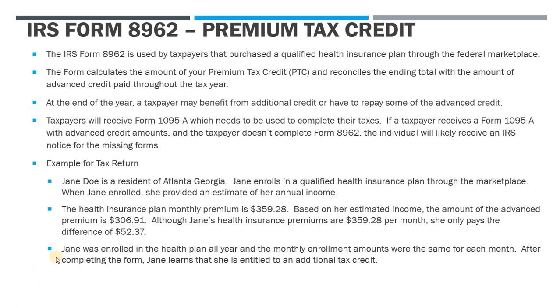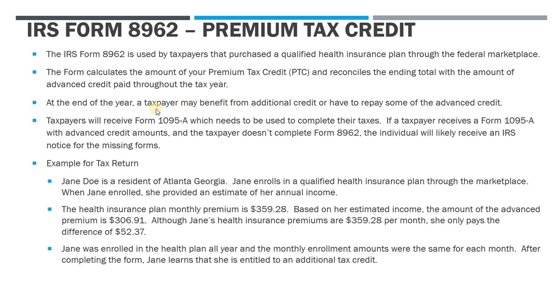The advanced premium tax credit effectively supplements or subsidizes the annual insurance premium you have to pay to your insurance company, right? And because you get an advance of this premium, you need to file the 8962 with the information you received on the 1095A to reconcile how much of the premium tax credit you can actually get, and how much you received as an advance, right?